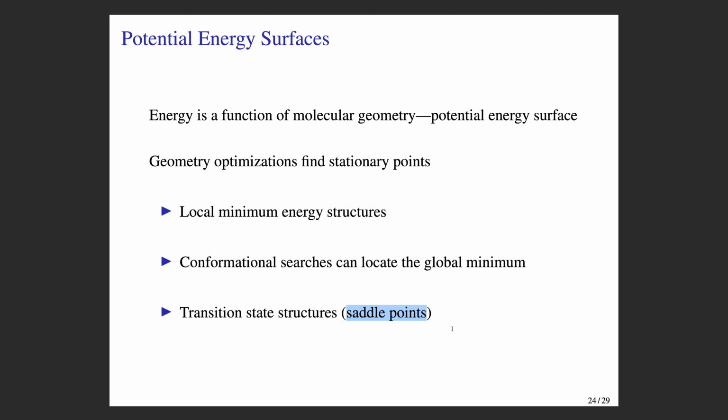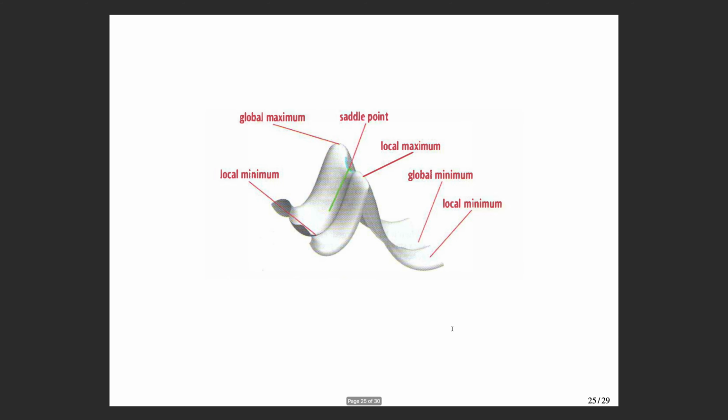And so what I'm going to do is highlight, using a figure from the book, what these different structures are. Here is a two-dimensional potential energy surface, meaning that you've got two coordinates. One of them runs this way, and the other one goes back into the screen in this direction.